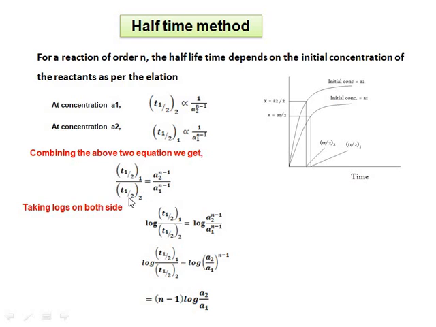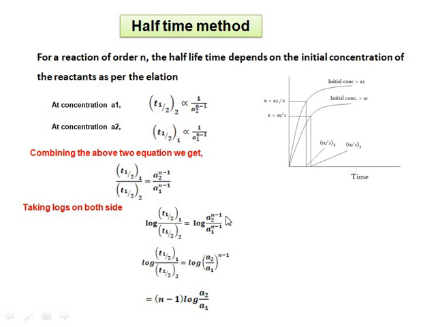Taking the logarithm on both sides, we get log of t half 1 upon t half 2 is equal to log to the base 10 of a2 raised to n minus 1 upon a1 raised to n minus 1.